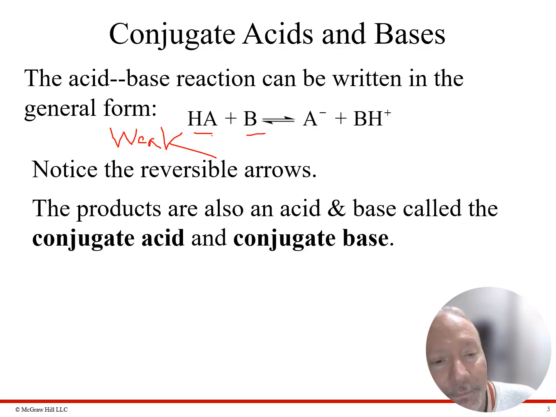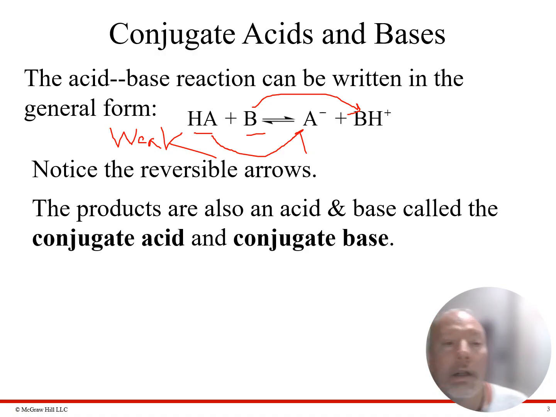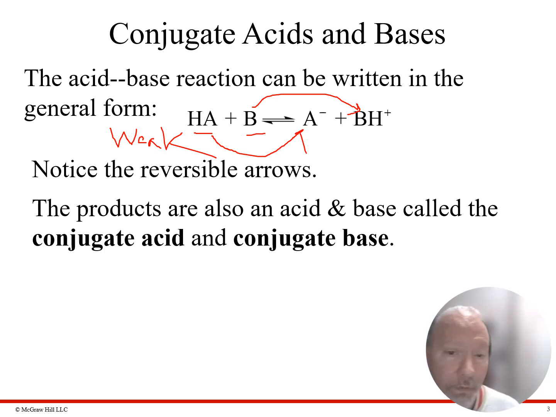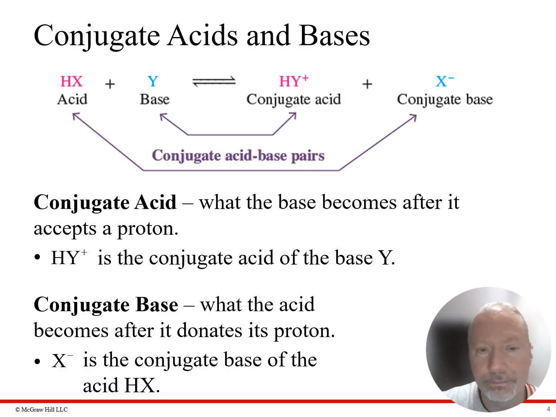The weak acid has its conjugate base, which is A minus. And the base has its conjugate acid. So a weak acid is going to form a conjugate base, and a weak base or a base is going to form a conjugate acid. They're linked together. They're pairs.